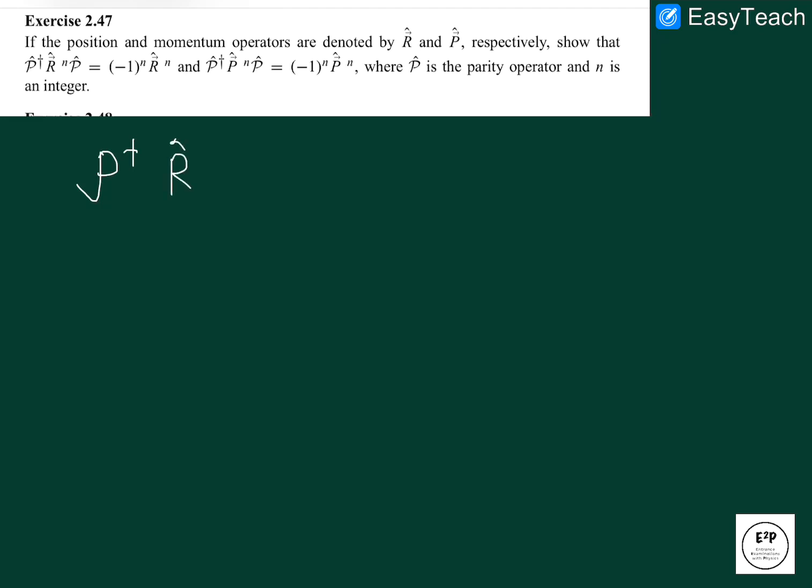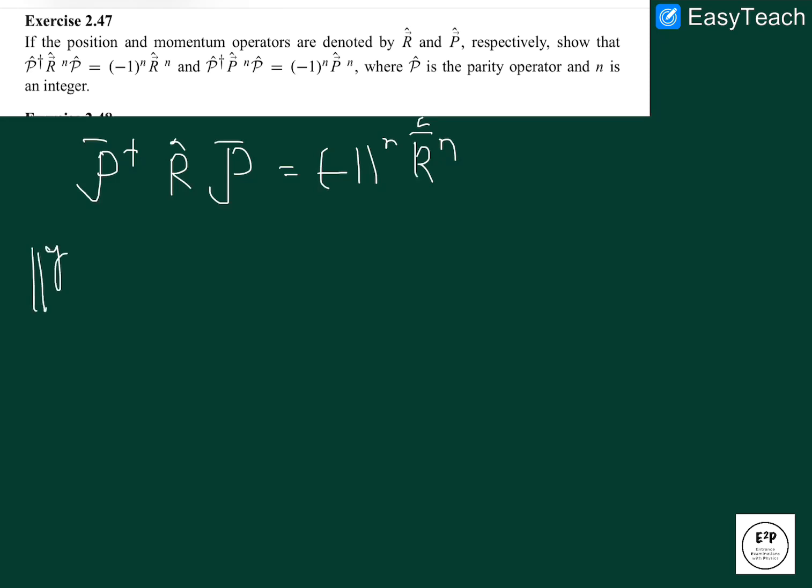So we have shown that parity dagger into r cap parity is equal to minus 1 to the power n into the position vector to the power n.